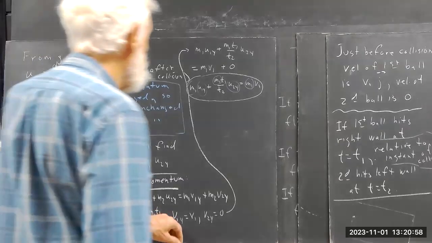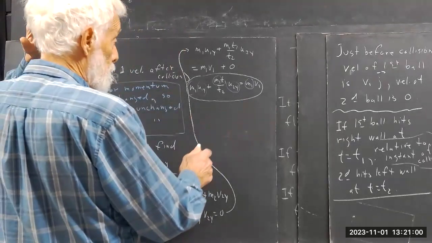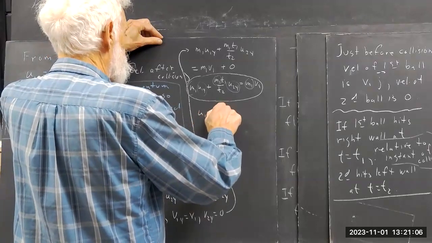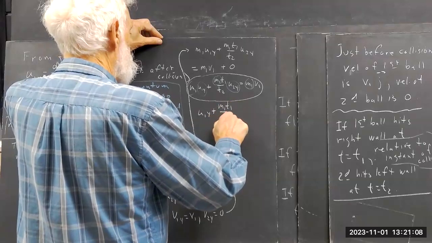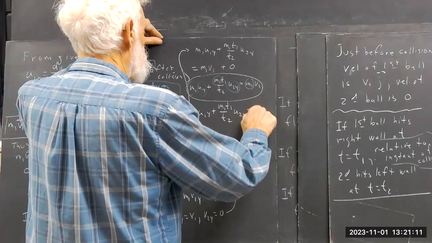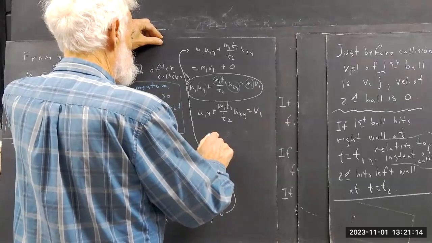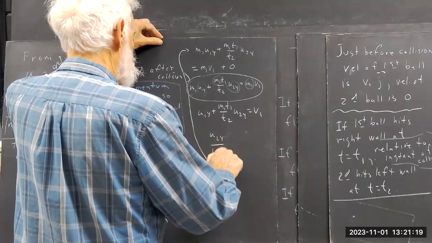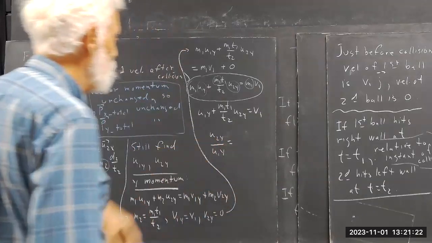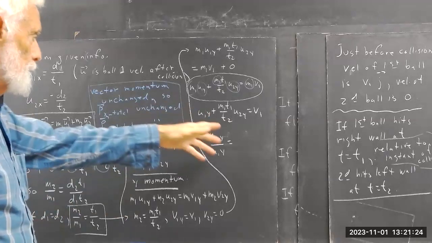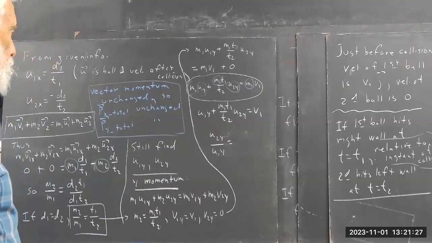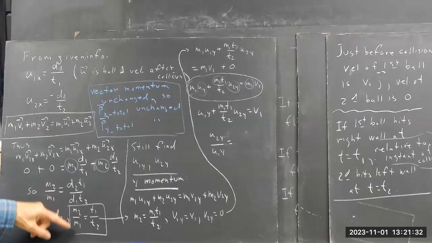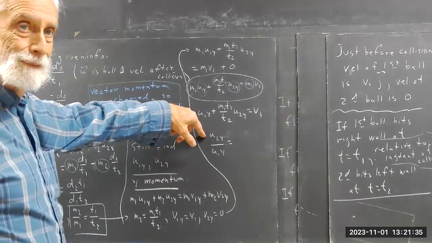Well, we divide through by M1, we get U1Y plus M1 T1 over T2 U2Y equals V1. So let's say we'll do U2Y over U1Y. That's a little more complicated than before. But since we did M2 over M1, we'll do second over the first.